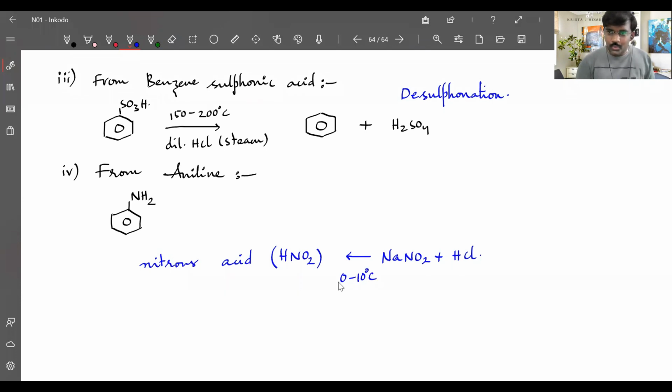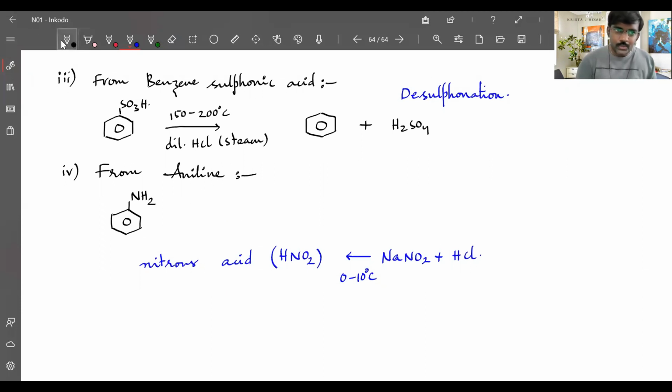If the temperature is more than that, the nitrous acid immediately converts into nitric acid, and with nitric acid this reaction won't come. So now here what I'm doing.